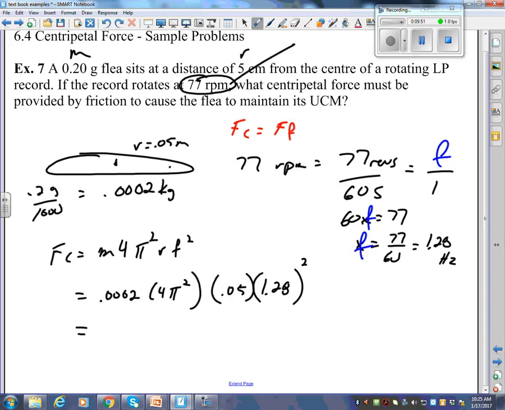How many zeros? I have 6.5. With that many zeros, you should probably go one more number, or if you want to write that as 6.5 times 10 to the minus 4 newtons.